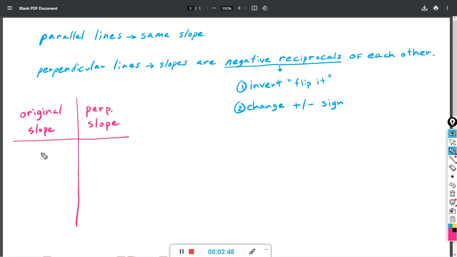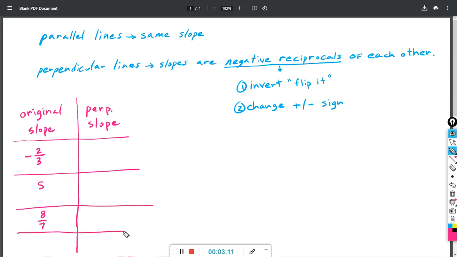Alright, so I'll make a few examples. Let's say negative 2/3, positive 5, let's say 8/7, and let me see, maybe one more, negative 3.